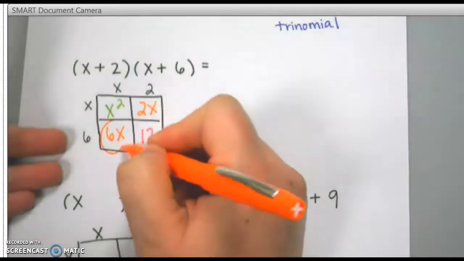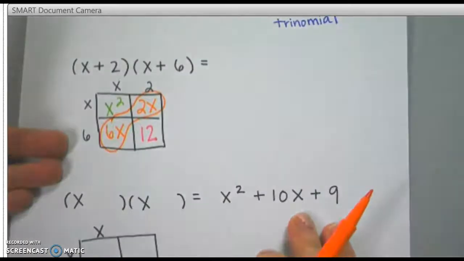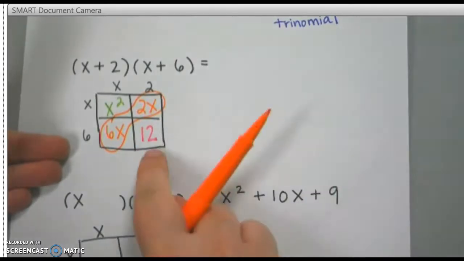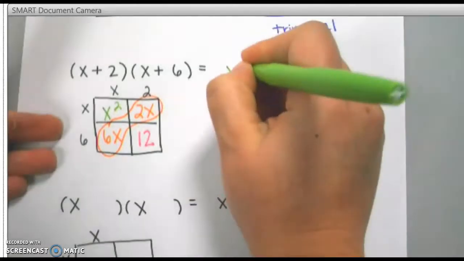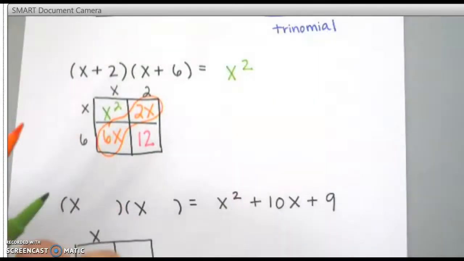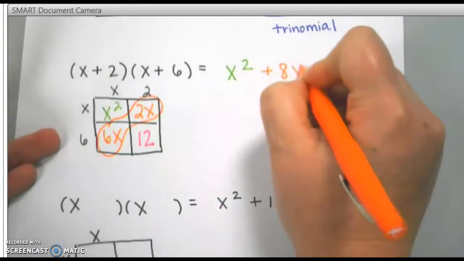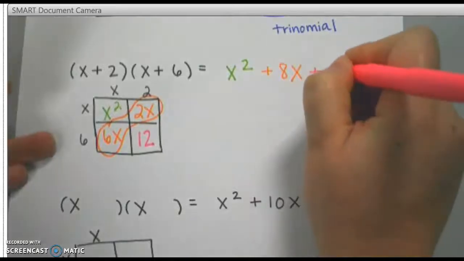All right, and because I have 2 groups of x's, I am going to add those together. So basically, I ended up adding 6 and 2 to get the x term, and I multiplied 6 times 2 to get the term at the end. So my final answer: x squared, if I add those 2 boxes together, 6x plus 2x is 8x, and then the plus 12 at the end.